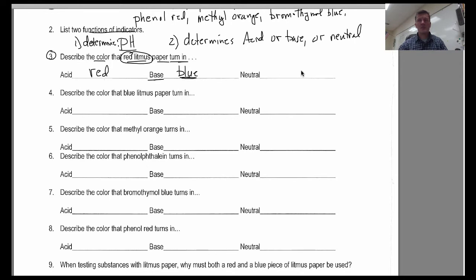And if it was neutral, it just stayed red. It did not change colors at all. For blue litmus paper, if you put it in an acid, it's going to turn red, so it can be the opposite color that the paper is. For base, it just stays blue, and neutral, it stays blue.